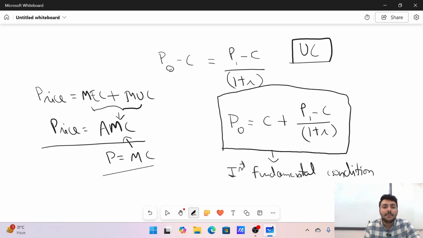And this augmented marginal cost comprises marginal extraction cost as well as marginal user cost, wherein extraction cost is simply the cost which the extractor is going to incur when he extracts the resource from the ground, whereas the user cost is the return which the extractor is foregoing by deciding to extract the resource today itself. I hope this is clear to you all. The very first fundamental condition of optimization is price should be equal to the extraction cost plus the user cost. Now let's move on further.